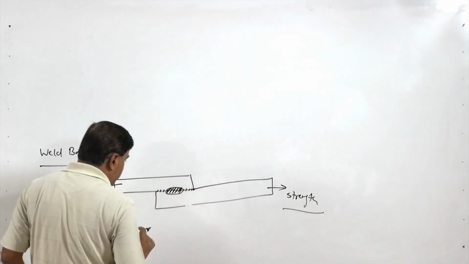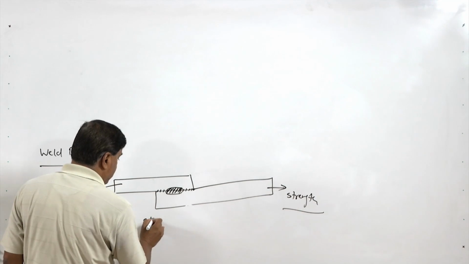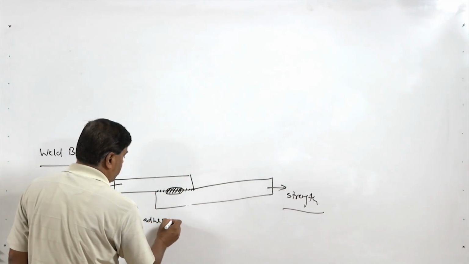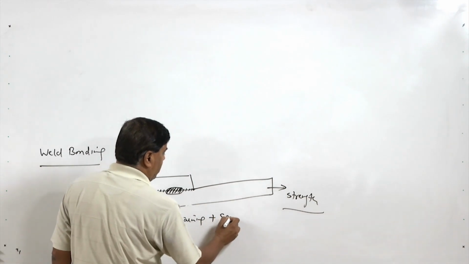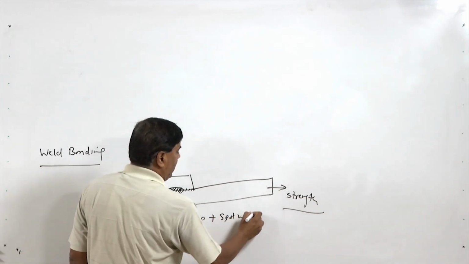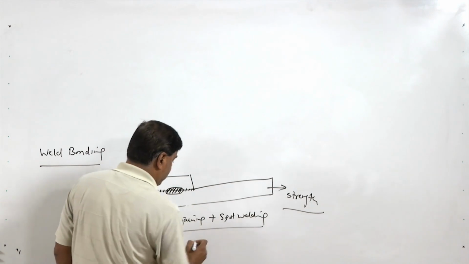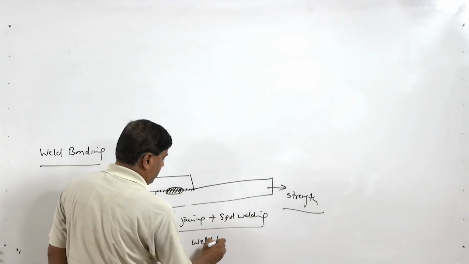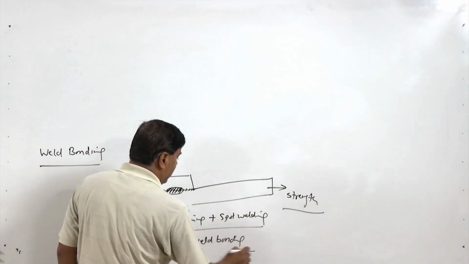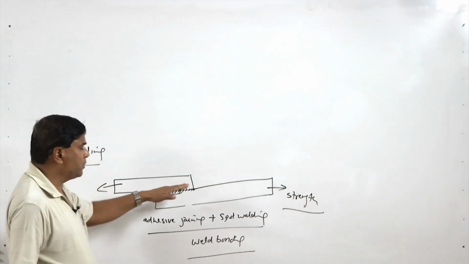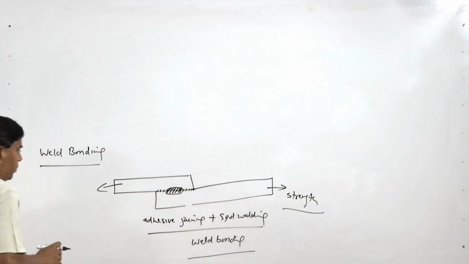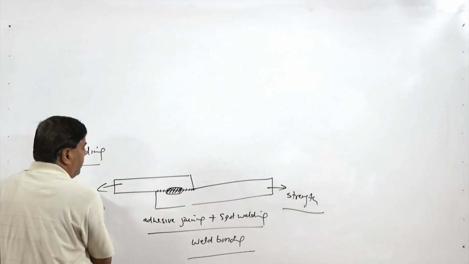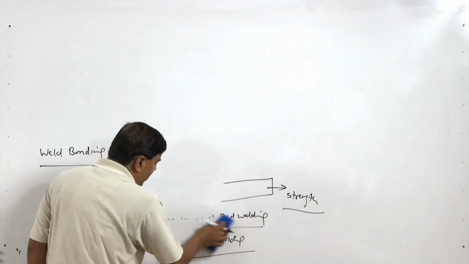This combination of adhesive joining plus spot welding is called weld bonding. So, basically it is the combination of adhesive joining and spot welding. How is this weld bond developed?